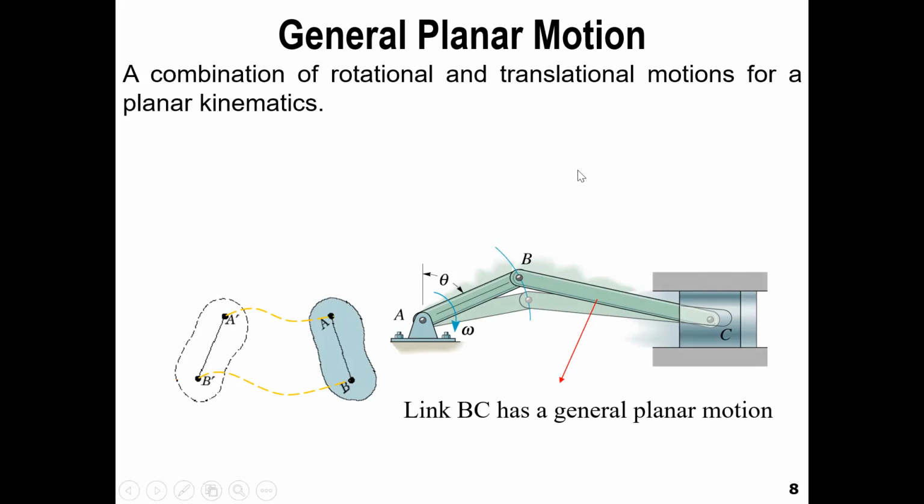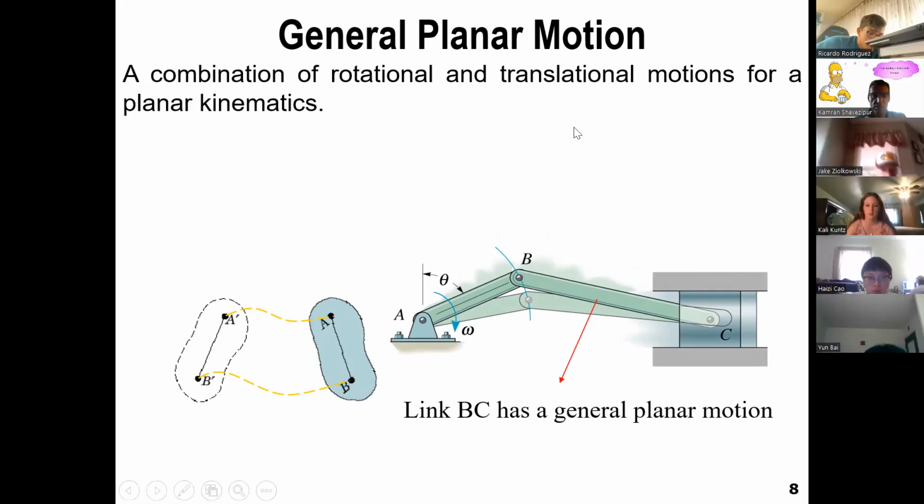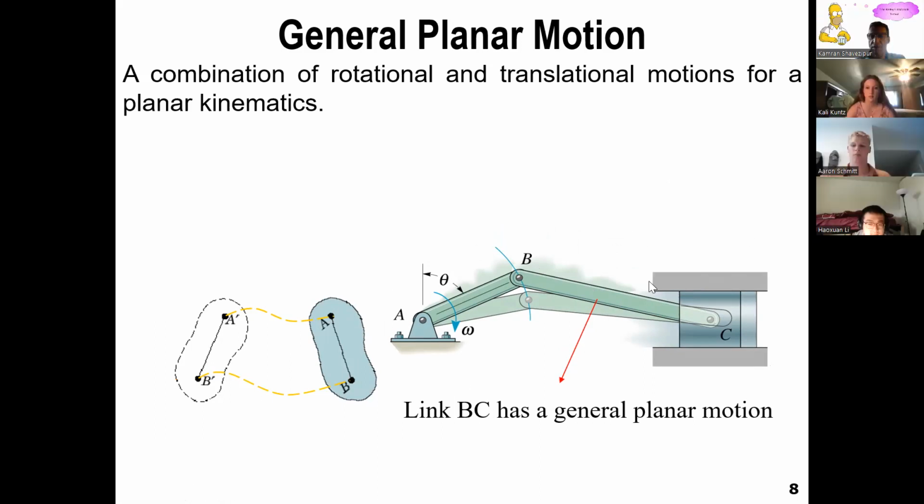Look at this mechanism and tell me what kind of motion you see there. Heisey, what kind of motion do you see here? We have obviously 3 moving elements, right?